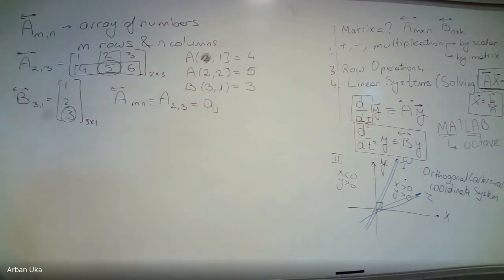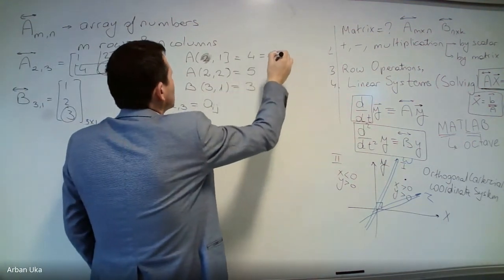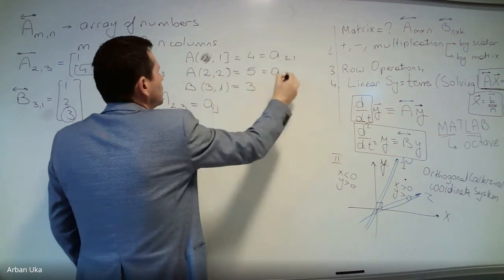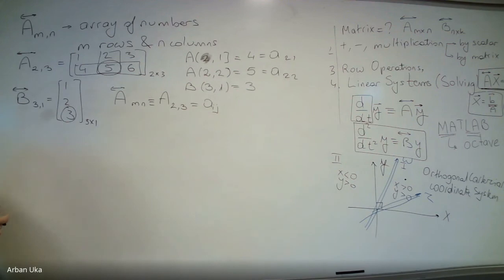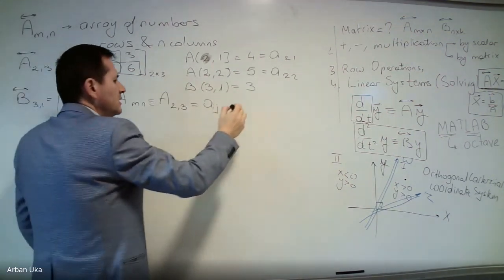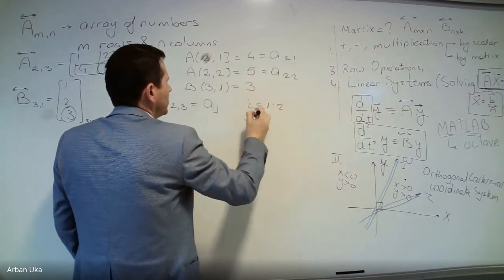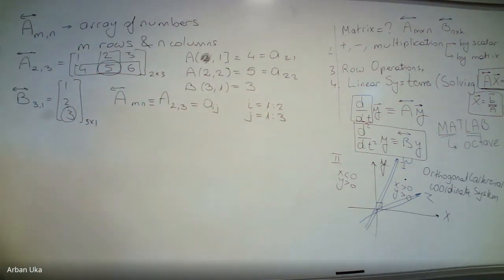We are somehow denoting all the elements. So in fact, we can also call this one A21, and this can also be called A22, which is an element with this address. This is how we denote it. And here in this case, i is going to be a number from 1 to 2, and j is a number from 1 to 3. Okay, so this is how these can be denoted.